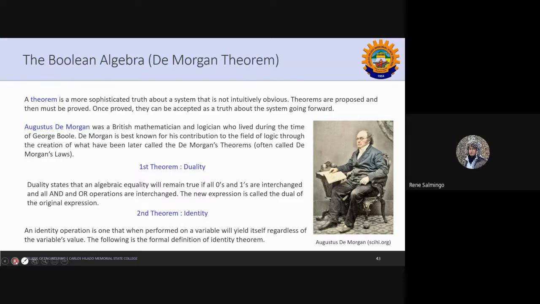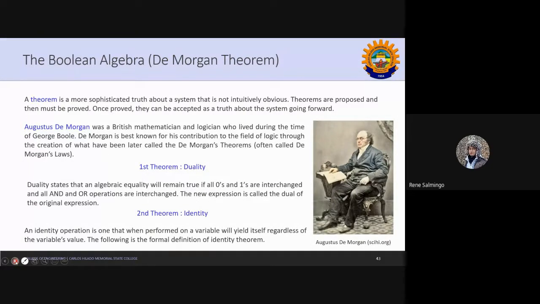Duality states that an algebraic equality will remain true if all zeros and ones are interchanged and all AND and OR operations are interchanged. The new expression is called the dual of the original expression.